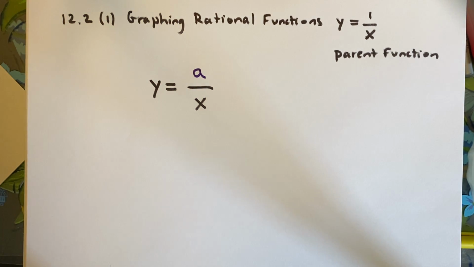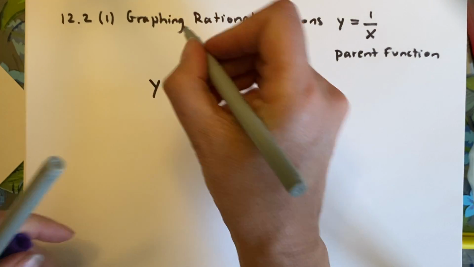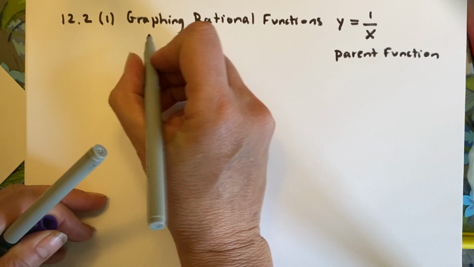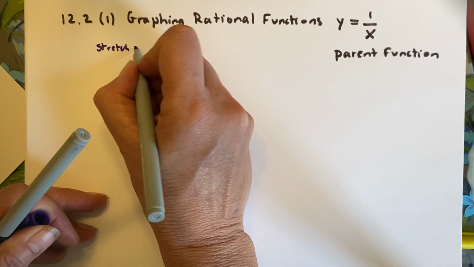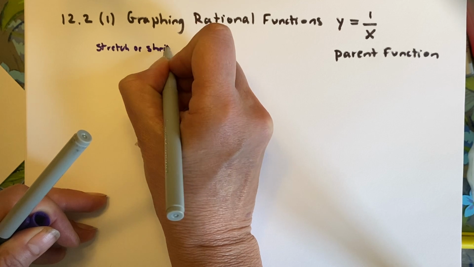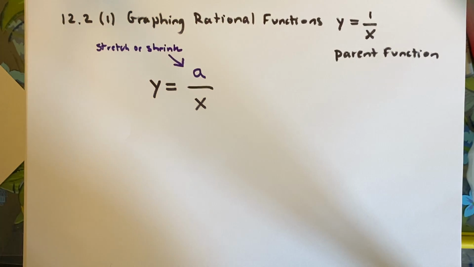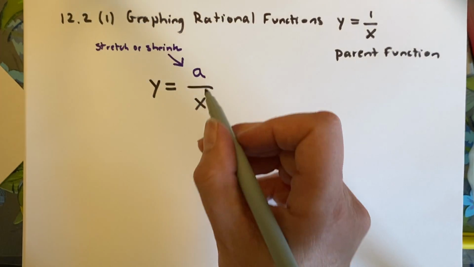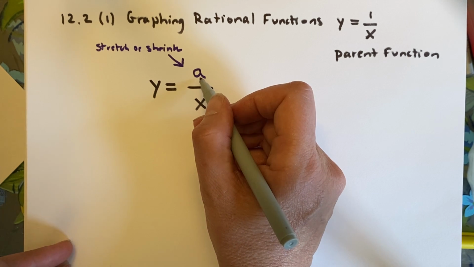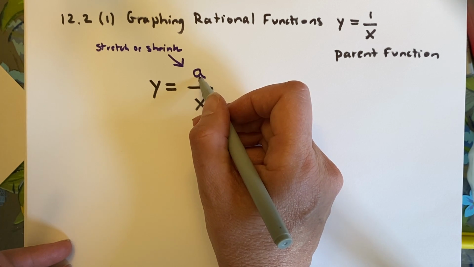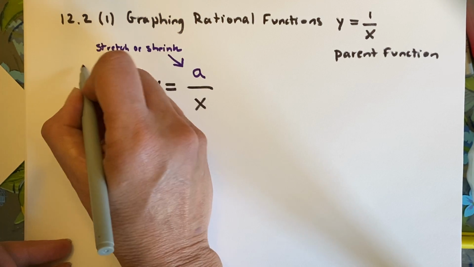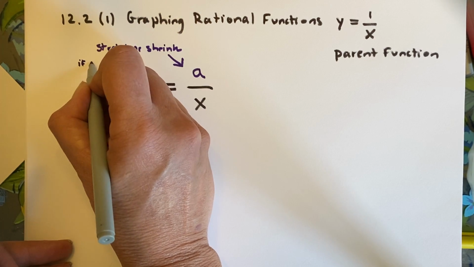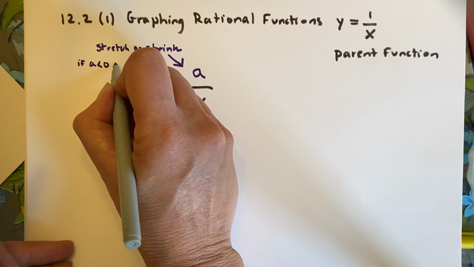And if you remember what a does and always does, a makes this a stretch or a shrink. So if a is greater than 1, it's a stretch. If a is between 0 and 1, in other words, it's a fraction or a decimal, it's a shrink. And if a is negative, in other words, if a is less than 0, it's a reflection.